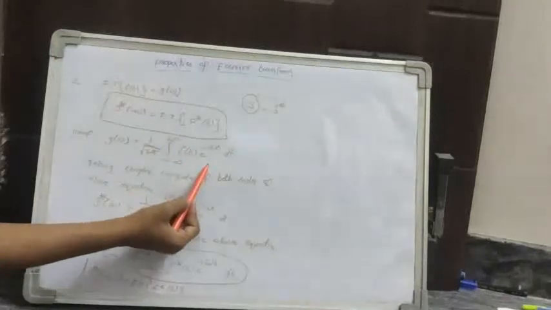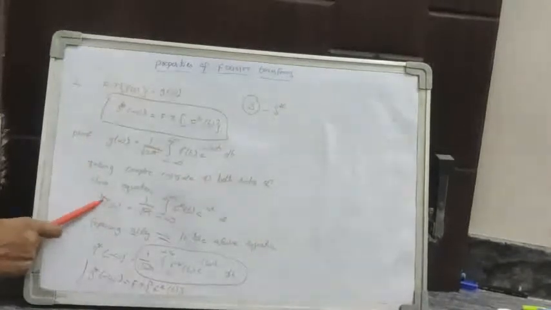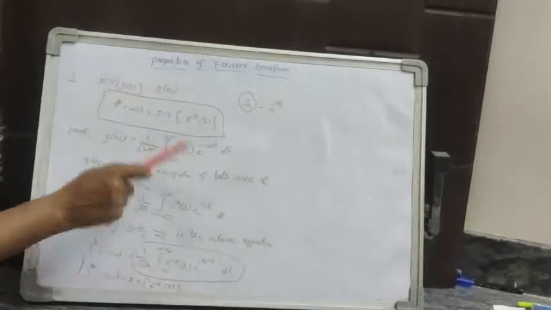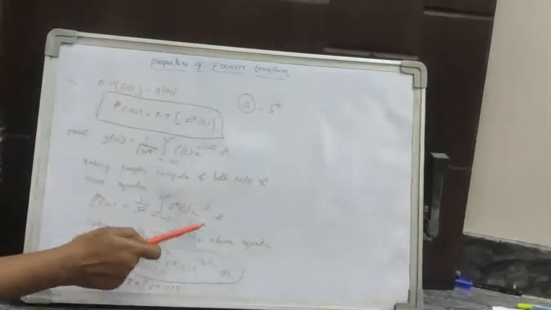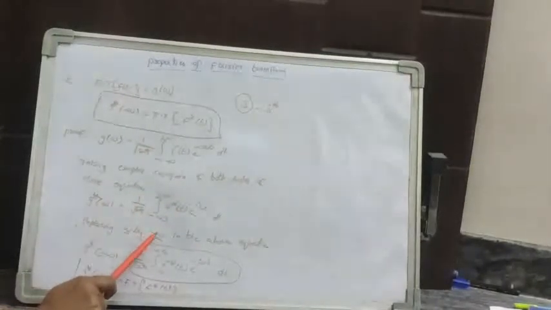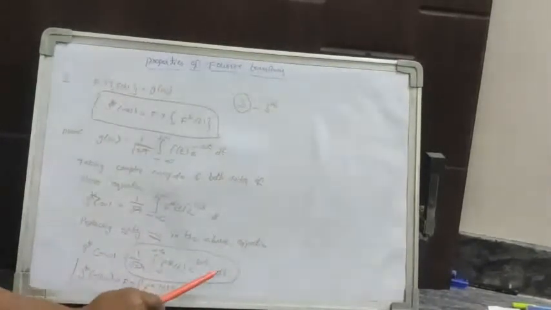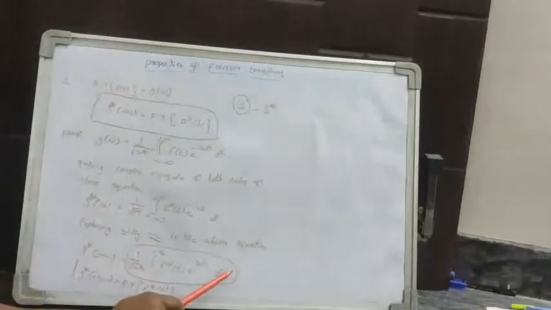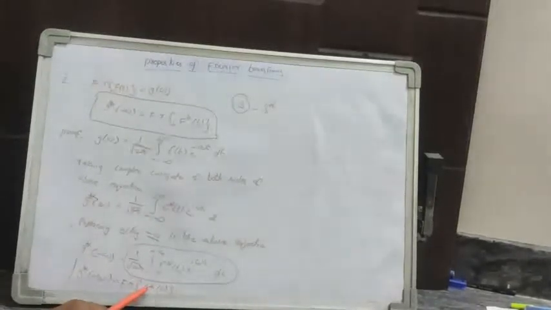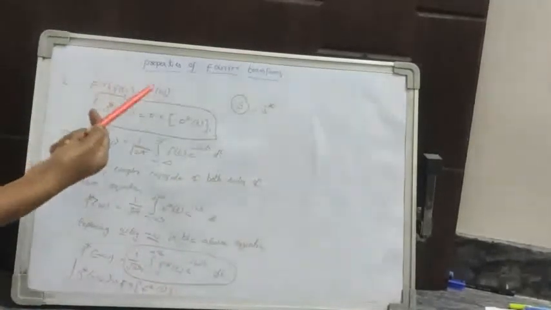Taking the complex conjugate on both sides, g becomes g star of omega, f becomes f star, and minus becomes plus in the conjugate. Then wherever omega is there, we replace it by minus omega, and you get this equation. Now this whole term can be expressed as the Fourier transform of the complex conjugate of the function f of t. Hence we have proved the complex conjugate related theorem.